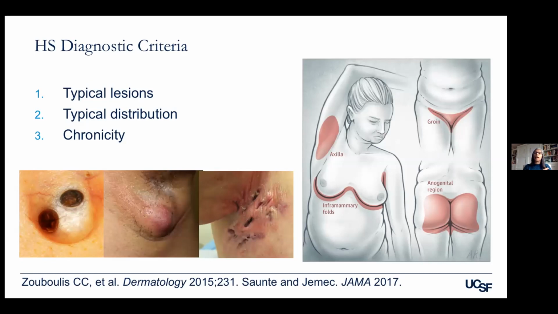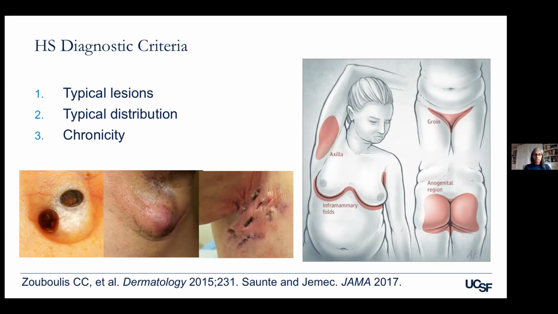These lesions have to have a typical distribution: intertriginous areas, the axilla, inframammary folds, groin, the anogenital region, the common sites associated with HS. And then the lesions need to be chronic. The time frame that's been developed in these criteria is that these lesions must recur within a 6-month period.